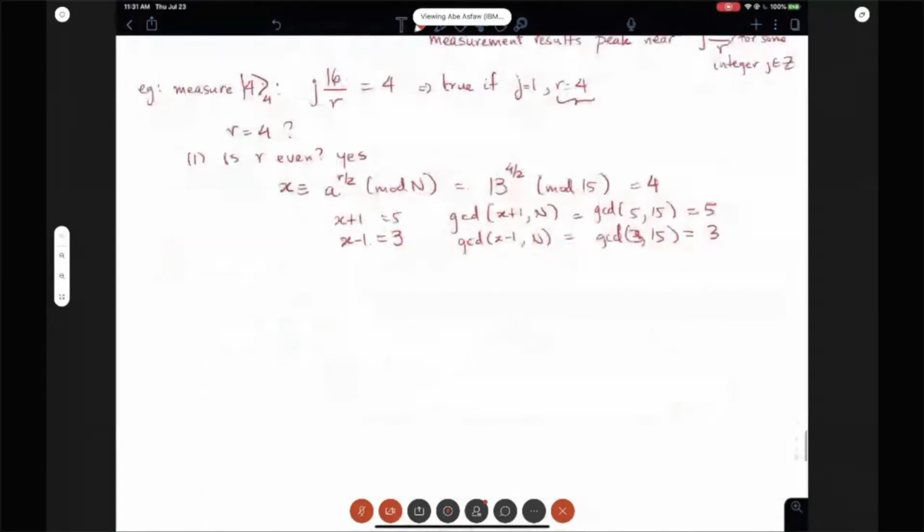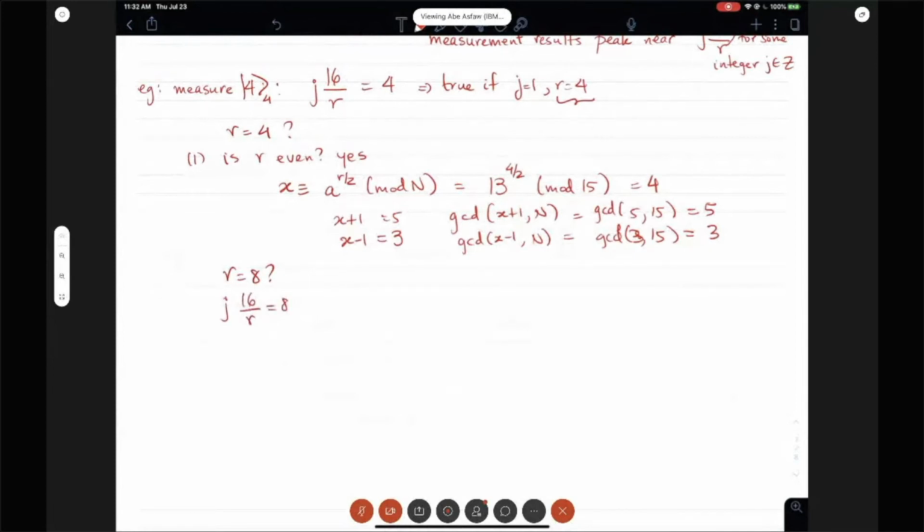So if r is 4, we're able to back out those factors. That's really cool, and I hope you're impressed that going through all of this can get us those factors. If r is 8, what do we do? Well, again, j times 16 over r is 8. What are the possible solutions for this?